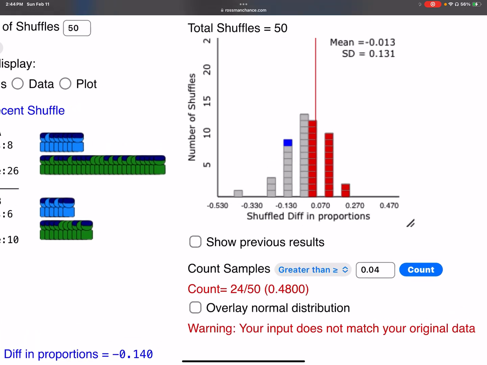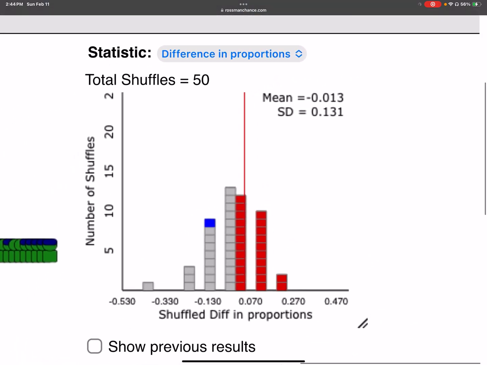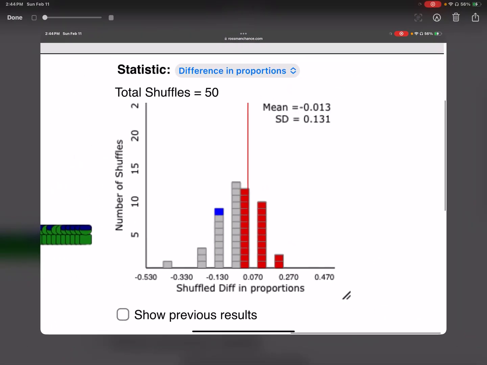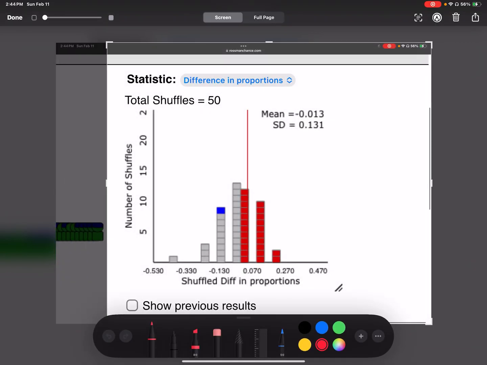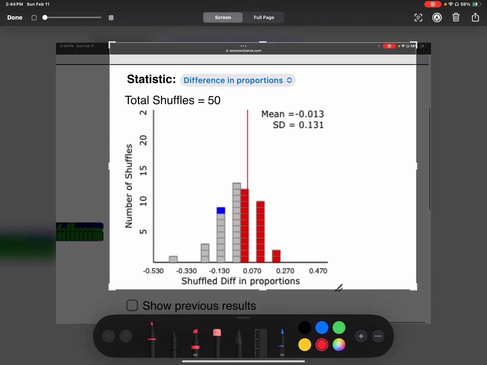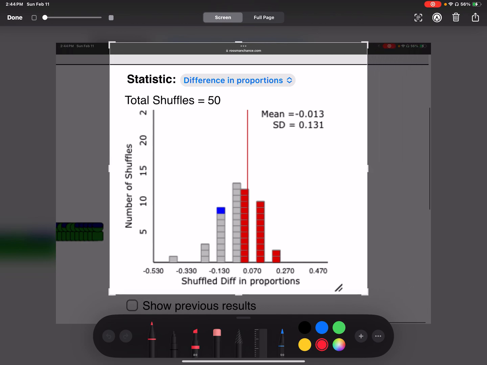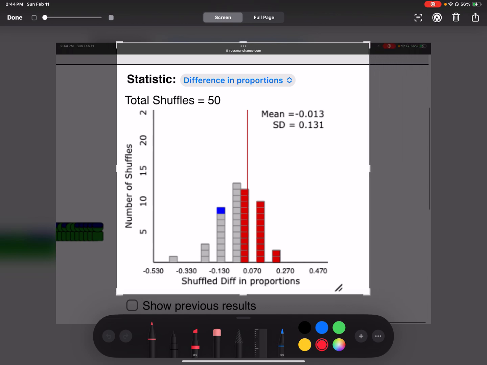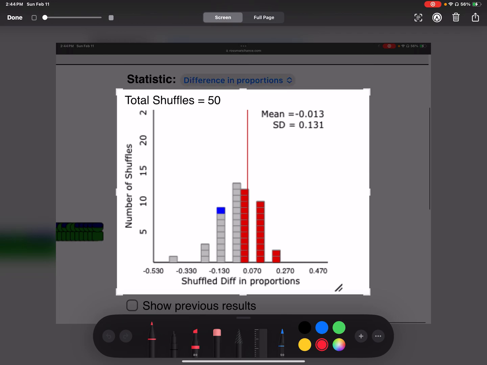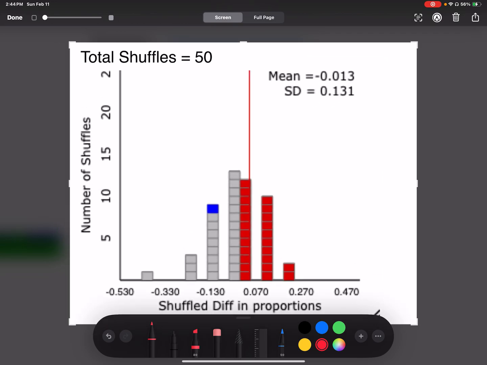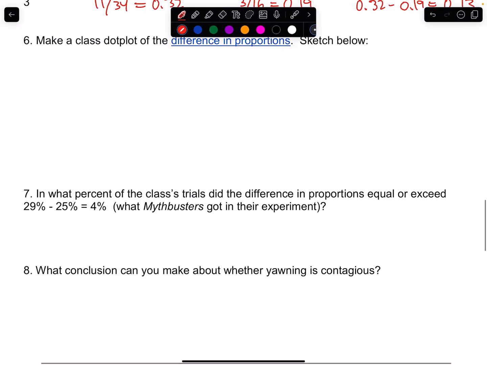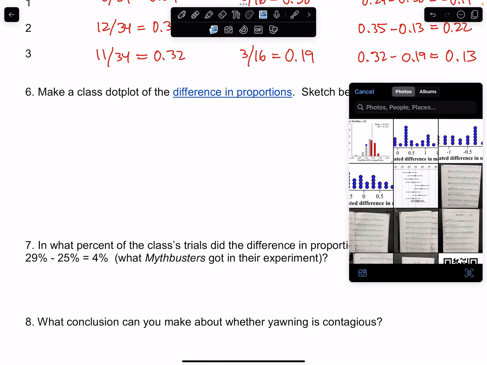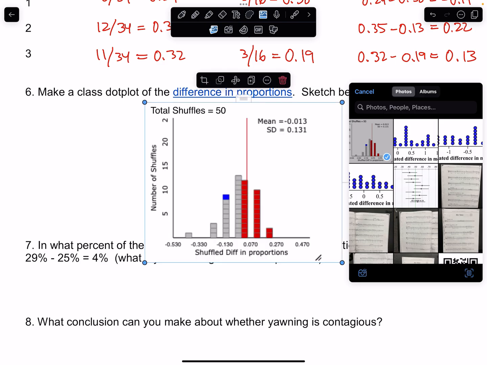Okay, so I'm going to zoom in here and take a screenshot. And I'm going to do some quick cropping to get some of that out of the way. And we'll save that to photos, jump back in, and plop that down.